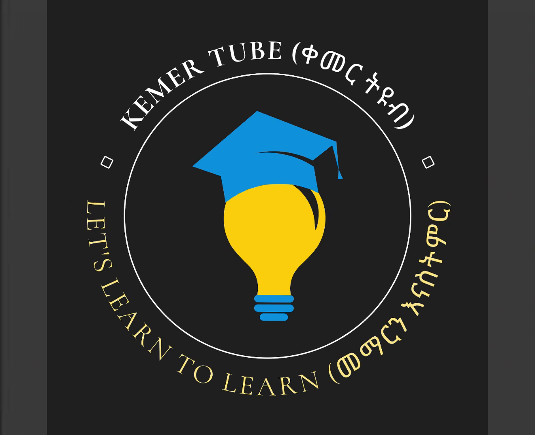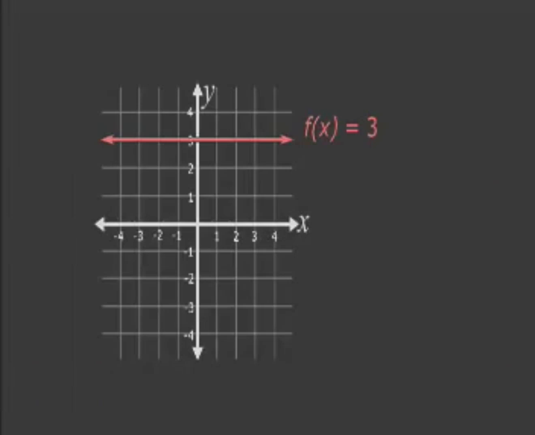For example, the constant function f of x equals 3 is rendered as a horizontal line that intercepts the y-axis at 3.